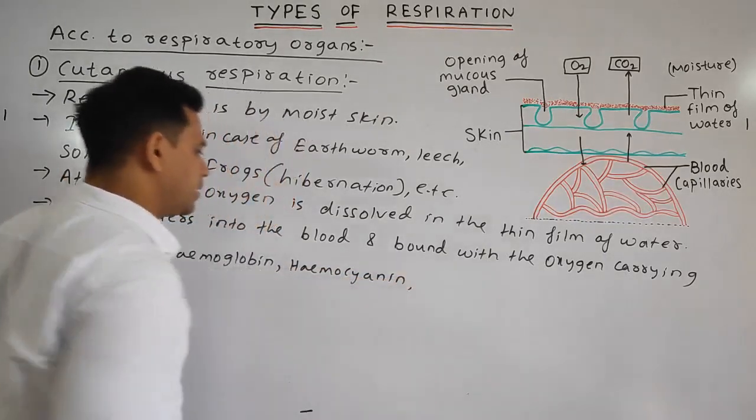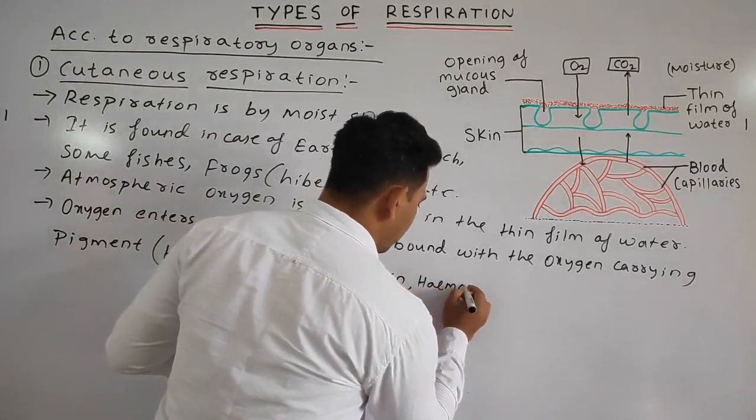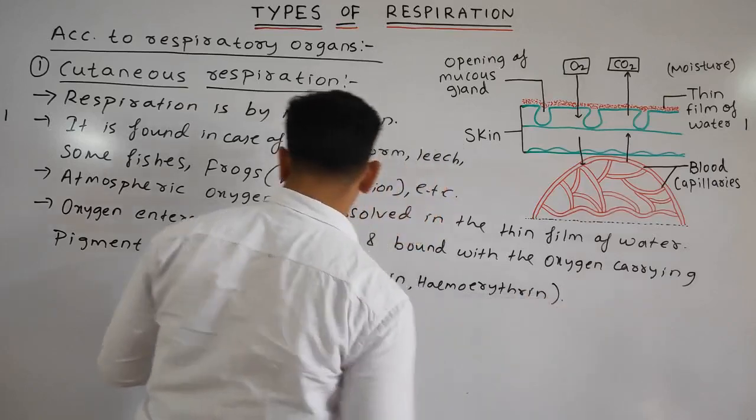In different organisms different pigments are there: hemocyanin, hemoerythrin, etc.